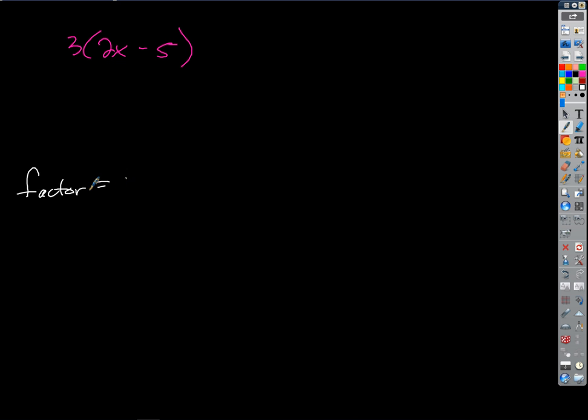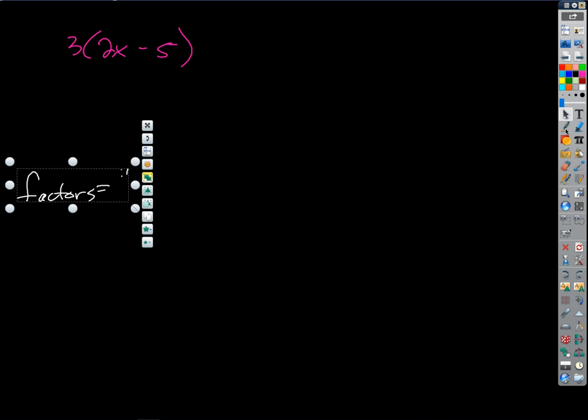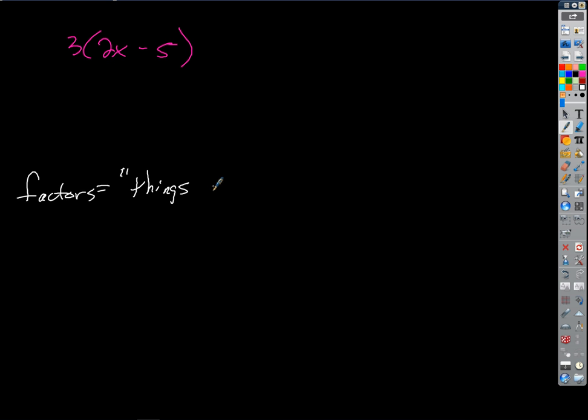In math, factors are just things being multiplied. So how many things are being multiplied there? Two. There are two things.